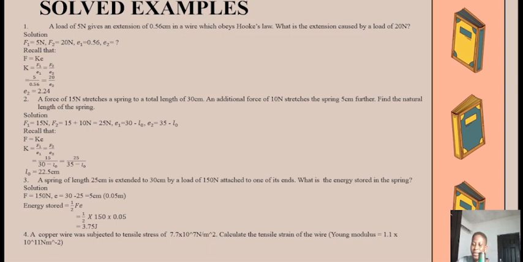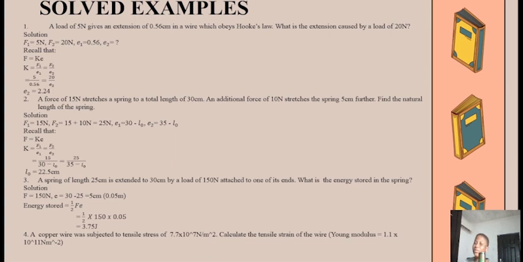So remember we said our stress is equals to force over area. And we said our strain is equals to extension over length. While the Young modulus is the ratio of stress to strain.